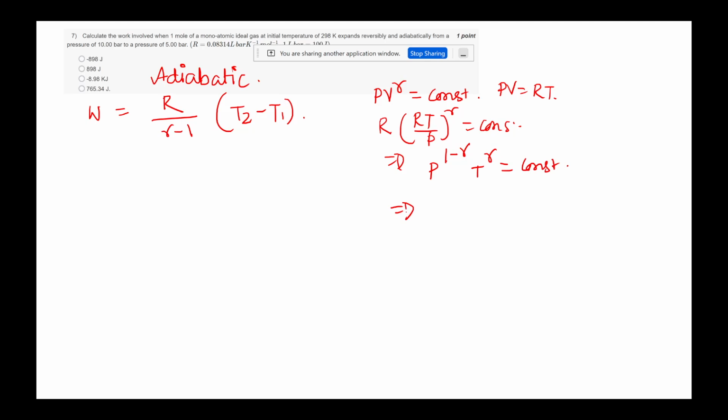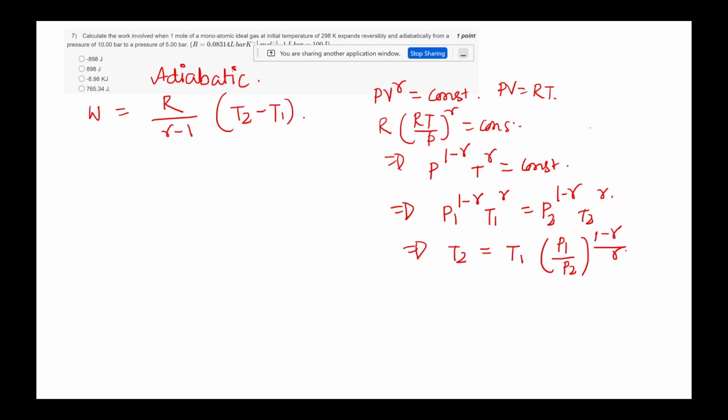So we can get P1^(1 minus gamma) T1^gamma is equal to P2^(1 minus gamma) T2^gamma. So T2 will be T1 times (P1 by P2)^((1 minus gamma) by gamma), and gamma is equal to 5 by 3. This is a monoatomic gas, so P1 by P2 will be 2, to the power 1 minus gamma by gamma, that will be minus 2 by 5.